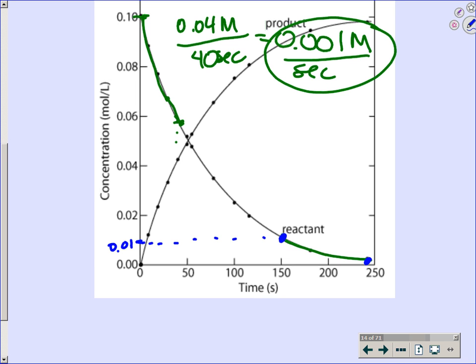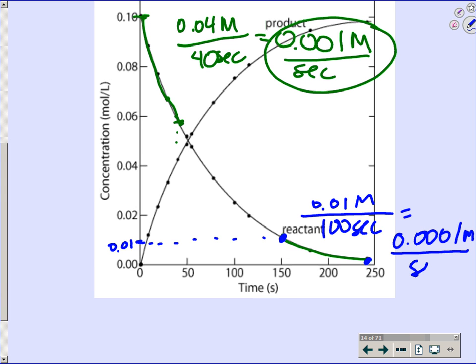Okay, so this is not quite to 0, but I understand you're trying to round it. 0.01 molar over what? So 150 to 250 is 100 seconds. What's this? Molar per second. Okay, so now you can describe what's happened to the rate over the course of the reaction.